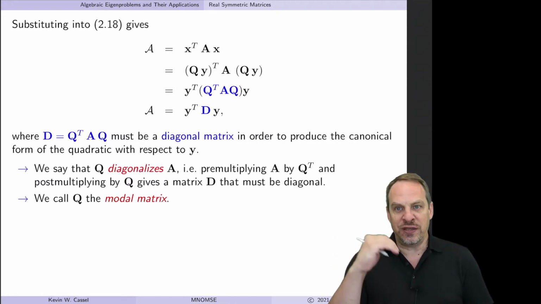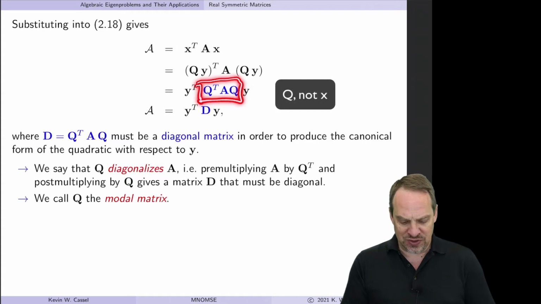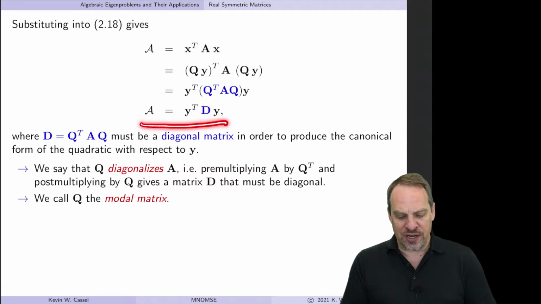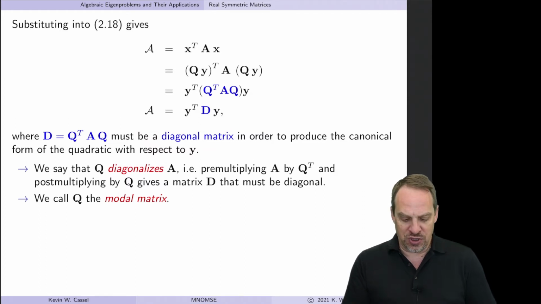For it to be a diagonal matrix, however, that would mean that this piece in the middle, the Q transpose times A times Q, needs to be a diagonal matrix D. In that way, our new quadratic y transpose times D times y is indeed in its canonical or standard form. So the diagonal matrix D comes from Q transpose times A times Q. Great, so I still haven't said what Q is. We'll do that in the next slide.